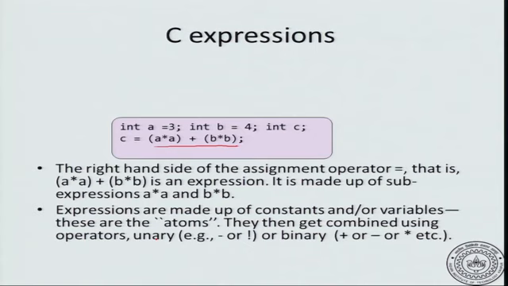An expression can be made up of variables, and it can be made up of constants. These are the atoms or the basic components of an expression, and sub expressions can be combined into bigger expressions using operators.